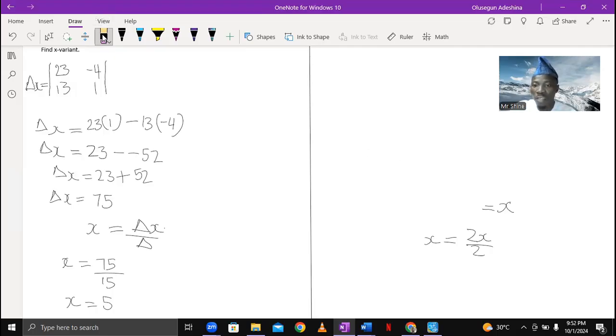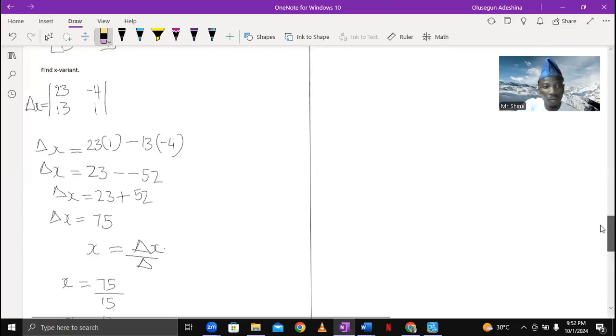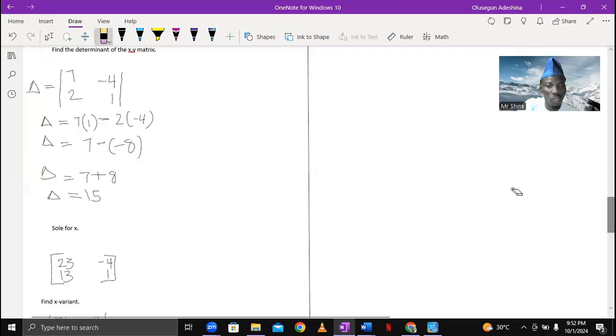Okay, the next thing is to look for Y. But I want to go over how we solve for x again. Okay, it's all here. So what did we do? We replace the values, the elements under the column of x with the elements in the constant matrix and retain the elements in y.